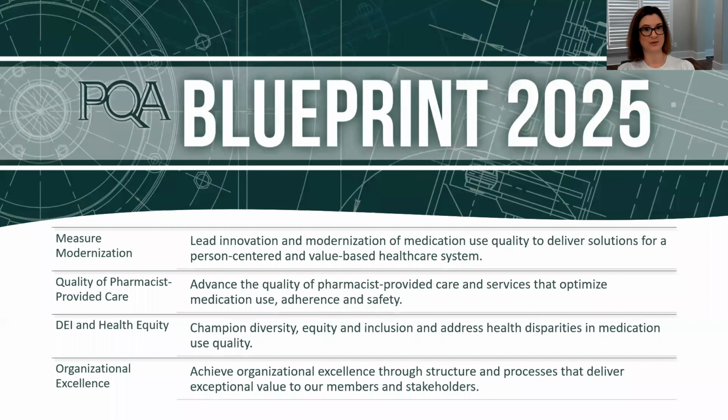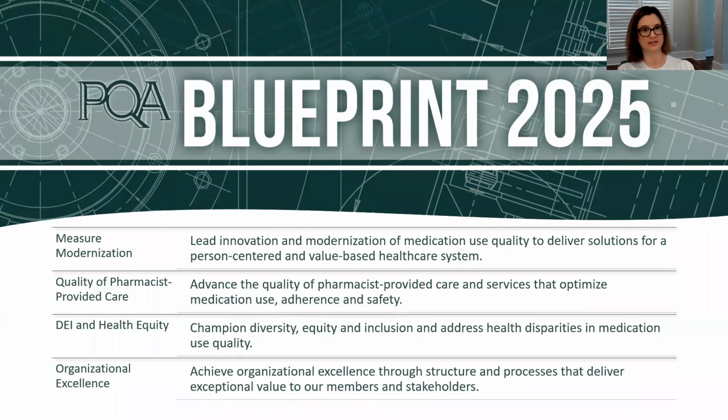Blueprint PQA 2025 is PQA's vision for excellence. It details our goals for advancing medication use quality, and it is responsive to the current needs of our members, the healthcare system, and the patients that we serve. I'd like to draw your attention briefly to Goal 2 in the blueprint, which focuses on pharmacist-provided care. Specifically, PQA seeks to advance the quality of pharmacist-provided care and also services that optimize medication use, adherence, and safety.